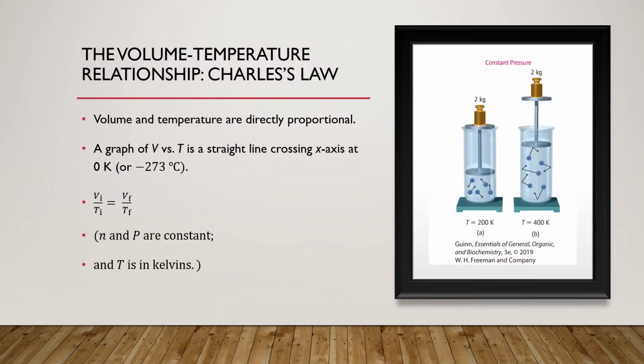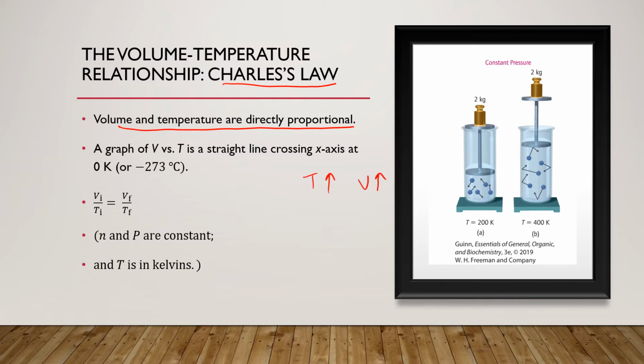The relationship between volume and temperature for a fixed amount of gas at constant pressure is known as Charles' law. Charles' law states that volume and temperature are directly proportional to each other, which means that if the temperature of a gas goes up, the volume will also go up.